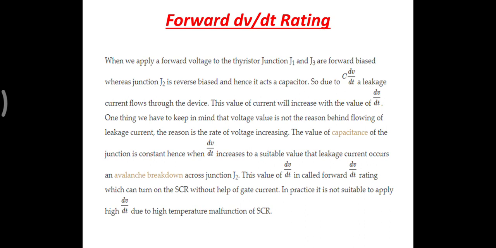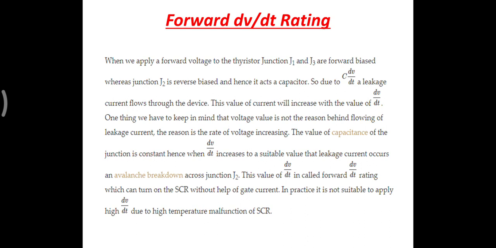In practice, it is not suitable to apply high dV/dt due to the high temperature malfunctioning of the SCR. So what this overall explains is, in forward blocking condition, junctions J1 and J3 are in forward conduction mode, J2 is in reverse conduction mode.